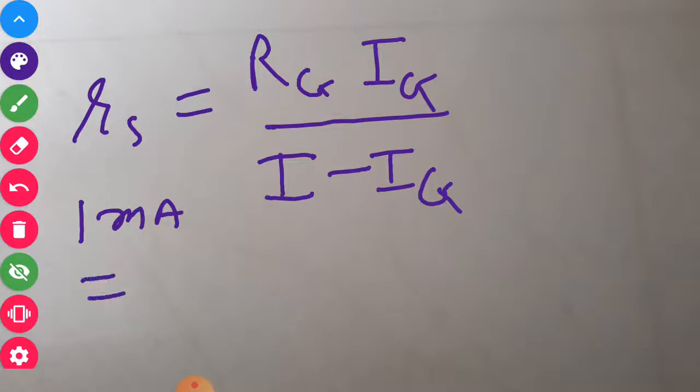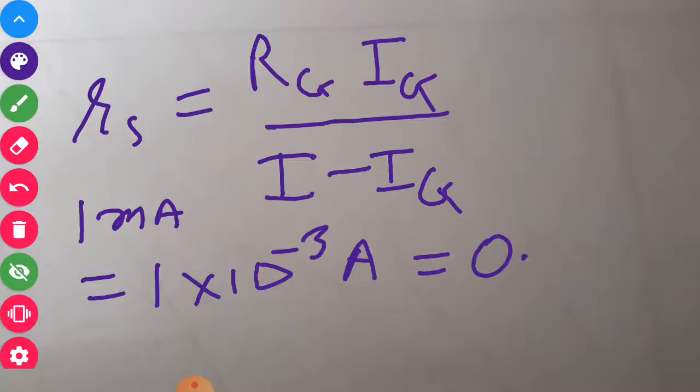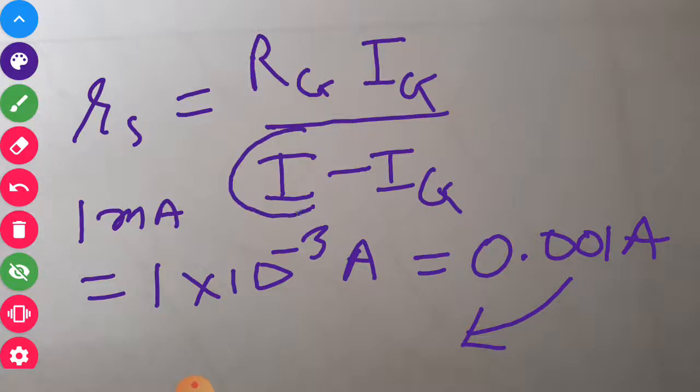Now 1 milliampere you have to convert into 1 into 10 raised to minus 3 ampere, or we can say 0.001 ampere is the current capacity. Now if you want to convert it into the capacity of 1 ampere, means the current you want to measure is denoted by I. So you want to convert that galvanometer into an ammeter which can measure a current of 1 ampere. So now you can calculate it easily by placing the value.